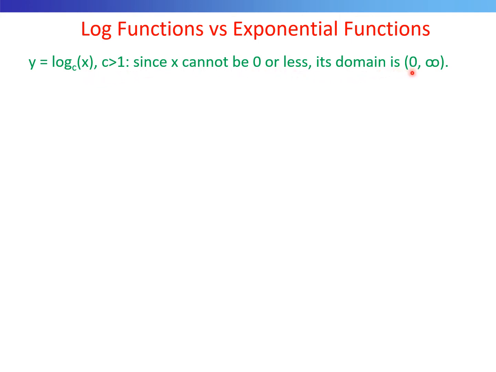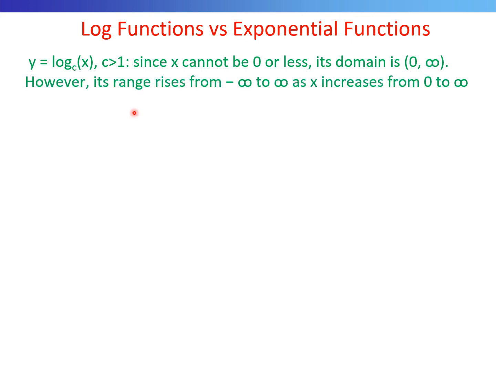They start from a little bit more than 0 and head to infinity. That's the domain of the log. However, the range rises from negative infinity to infinity as x increases from 0 to infinity. This point will be clear when we get to the graph.